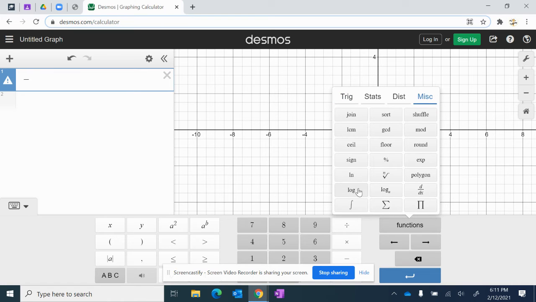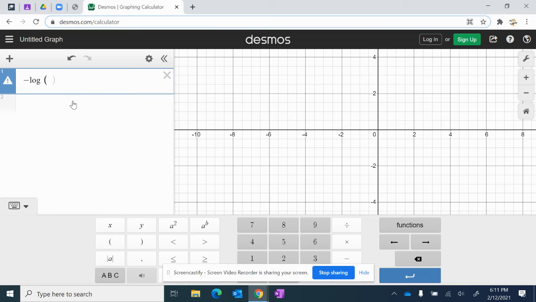You don't want to use the regular log. You want to use this one in the middle, the log with the little a, and it gives you that little base. So you can type the 3 in and then arrow over and put x plus 3, close the parentheses, and then put the minus 1.